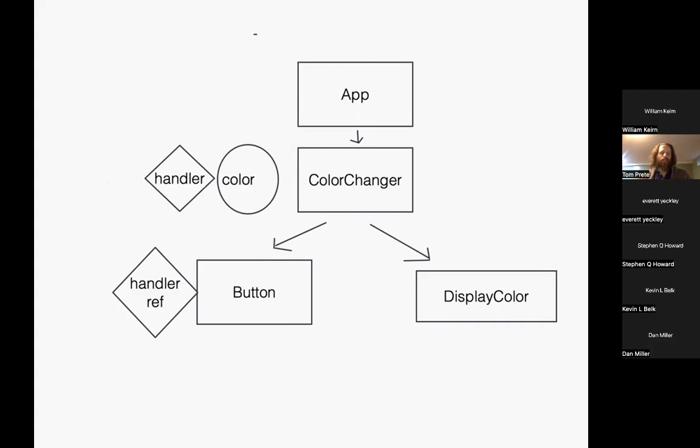So we're going to pass down a reference to the handler, and whatever the current state is here, we're going to pass that down as a prop to display color.